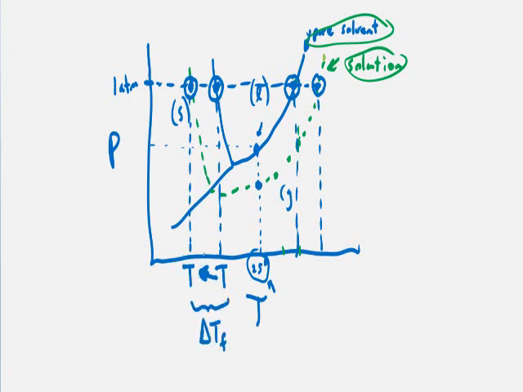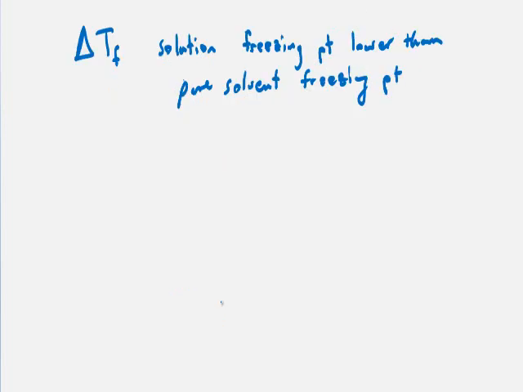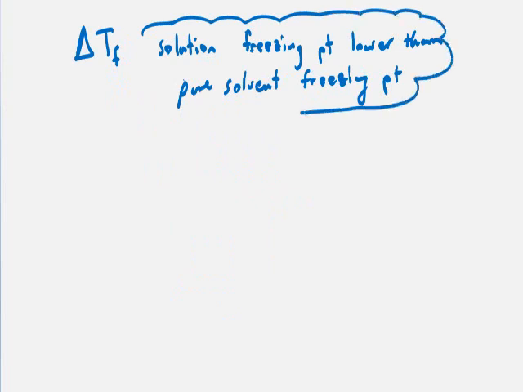Our difference in freezing temperature for pure solvent compared to our solution we'd identify as our change in temperature freezing, as the solution freezes at a lower temperature than would our pure solvent. So one thing we can see here is that our solution freezing point is always going to be lower than what we see for a pure solvent freezing point.